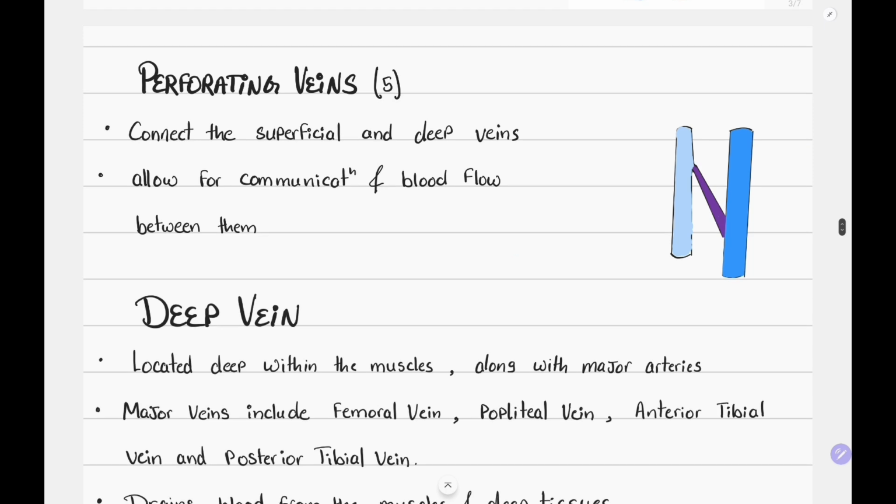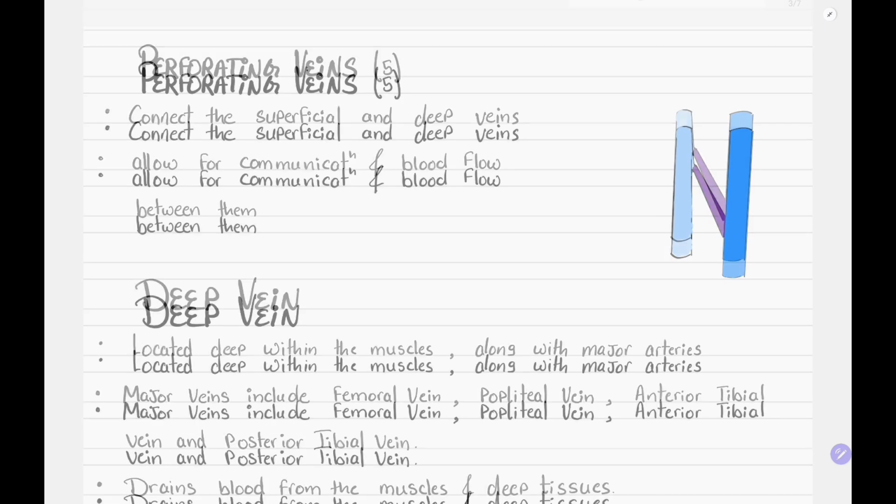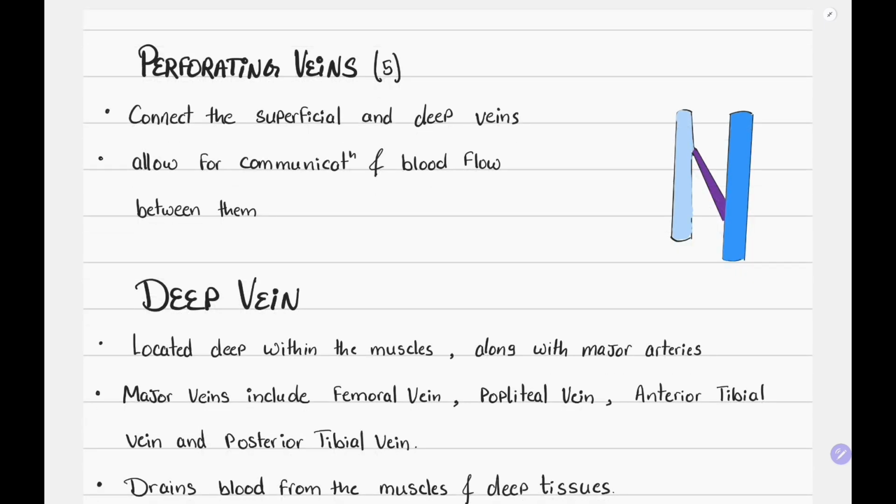Now the perforating veins. These perforating veins connect the superficial and deep veins. As the name suggests, perforating, that is, it is perforating something, from the outer surface of the leg to the inner leg. Perforating veins connect the superficial and deep veins, and allow for communication and blood flow between them.